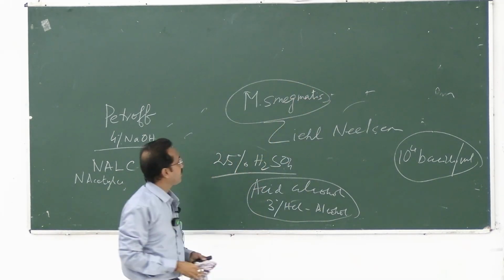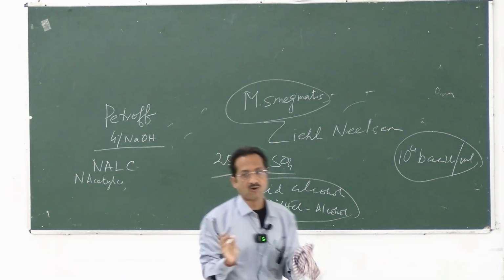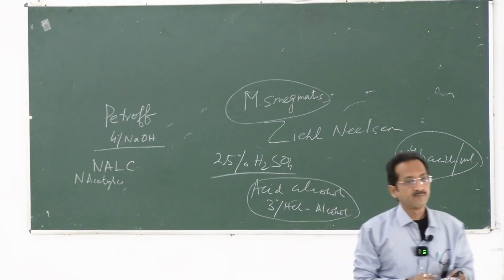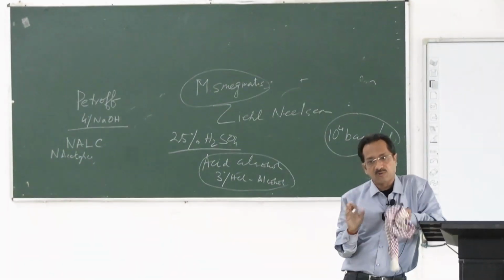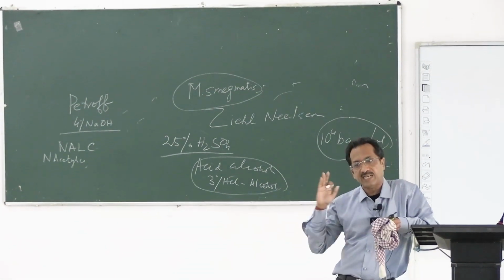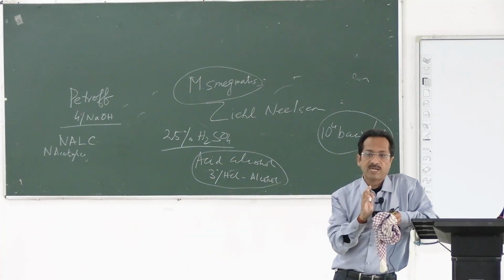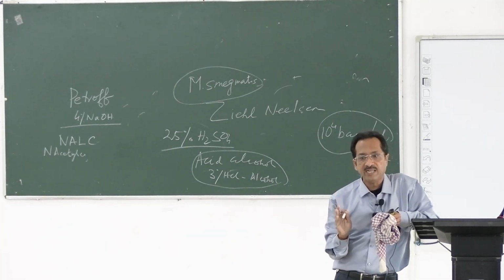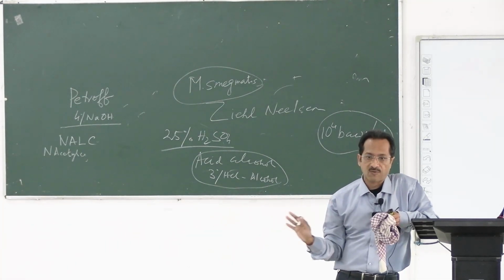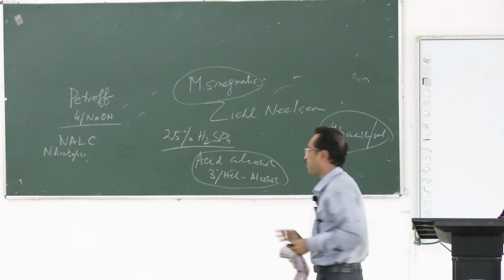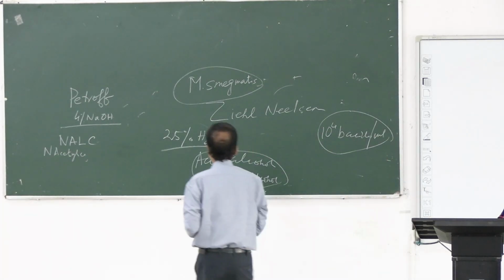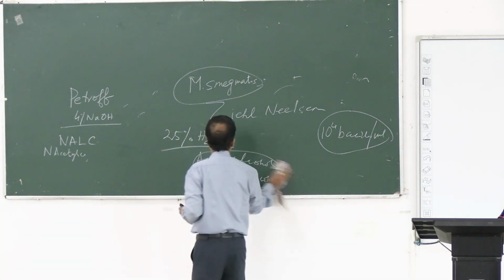For that, acid alcohol decolorization is required, because Mycobacterium tuberculosis is both acid fast and alcohol fast, but Mycobacterium smegmatis is only acid fast but not alcohol fast. So that is the utility of acid alcohol decolorization.